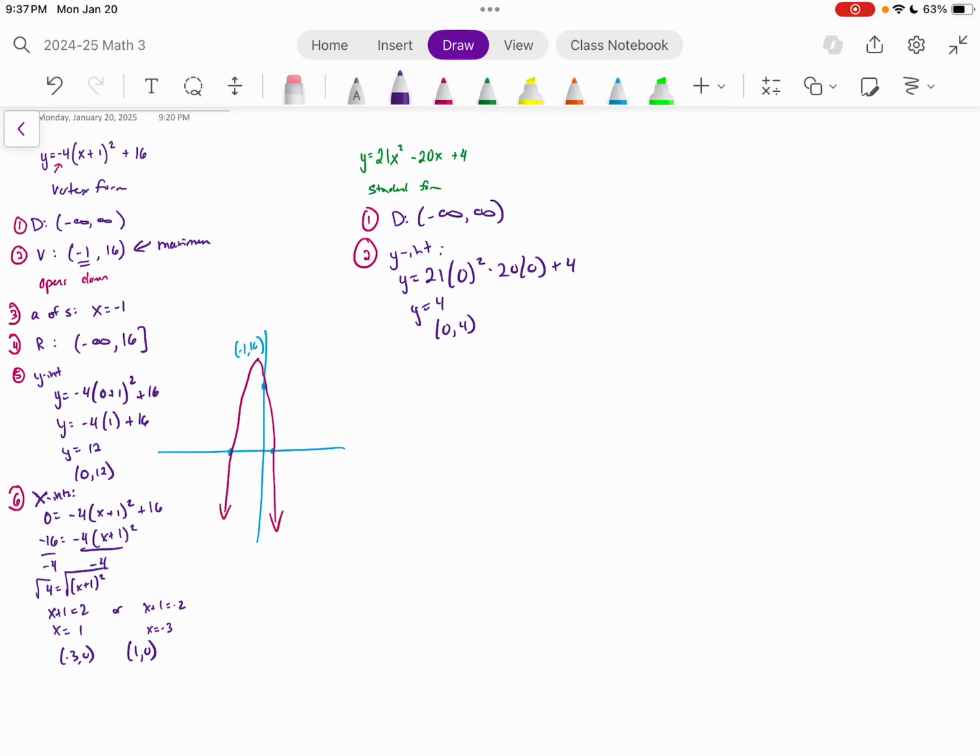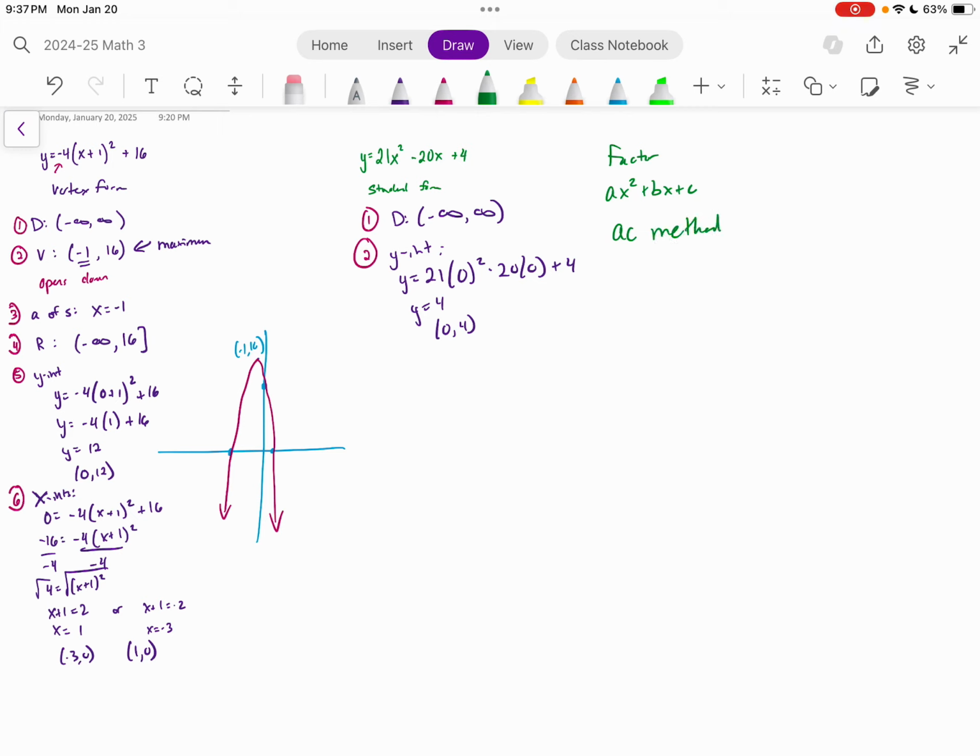Okay, so we're going to try to factor this thing. And what do we notice about this? This 21 is ugly. And furthermore, it's really ugly because 21x squared and 4 don't actually share much in common. So we're going to use what we talked about in class the other day. To factor this, we said this is ax squared plus bx plus c. And we said, okay, we're going to use the AC method.